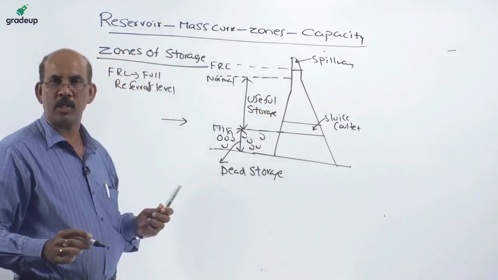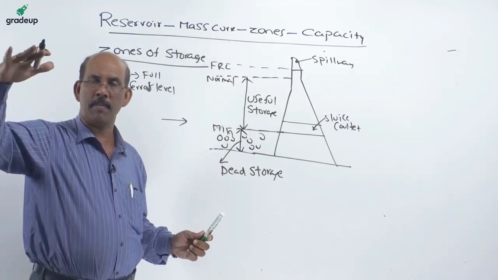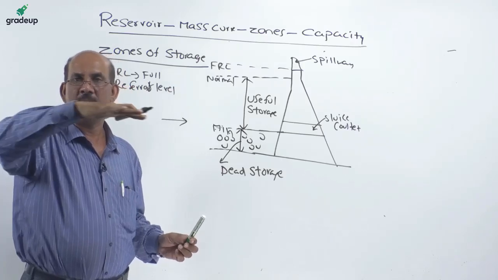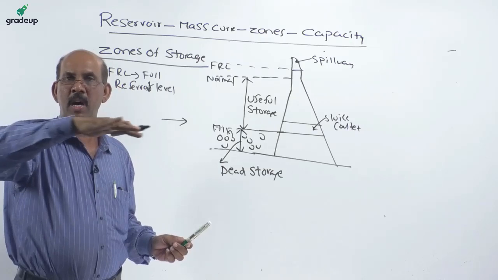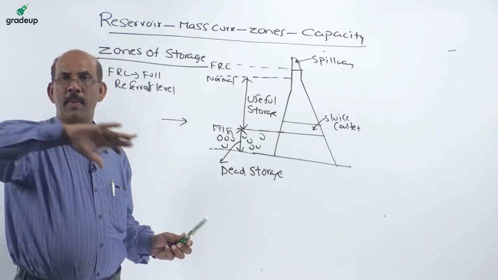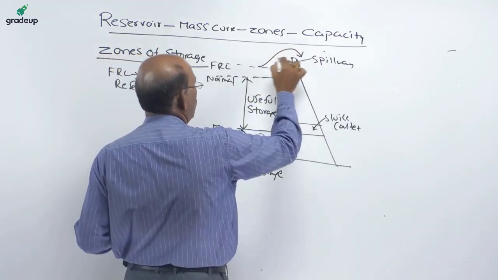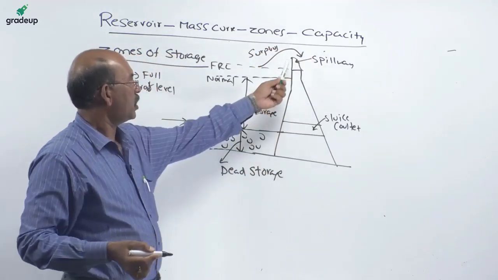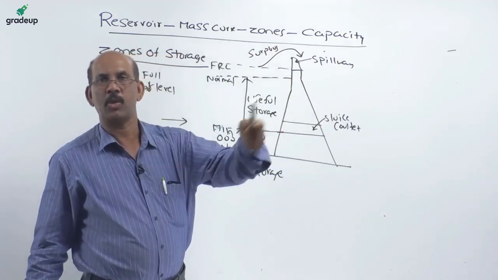Above the normal level, when the flow rises above the mean flow and reaches the floods, the peak flow, the highest level is known as the full reservoir level. Beyond this level no water is allowed to be stored, and anything beyond FRL has to be released. This surplus or excess water should be released through the spillway.